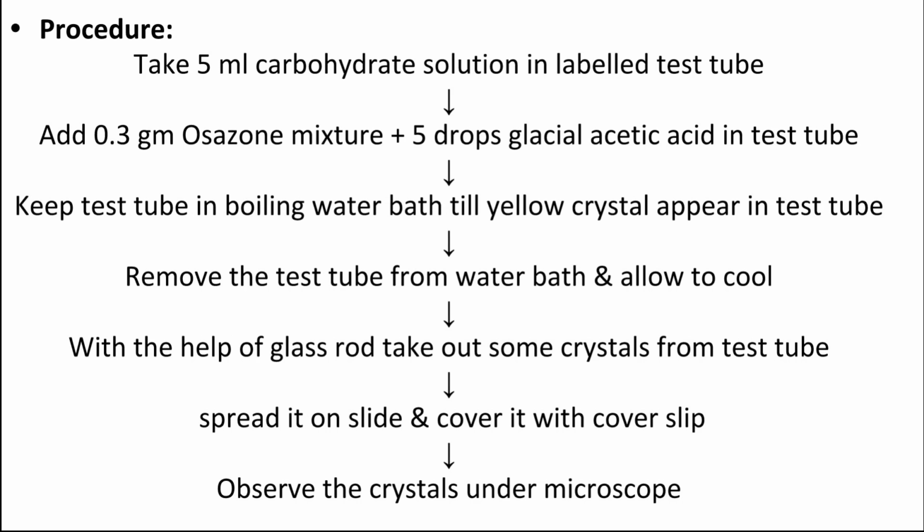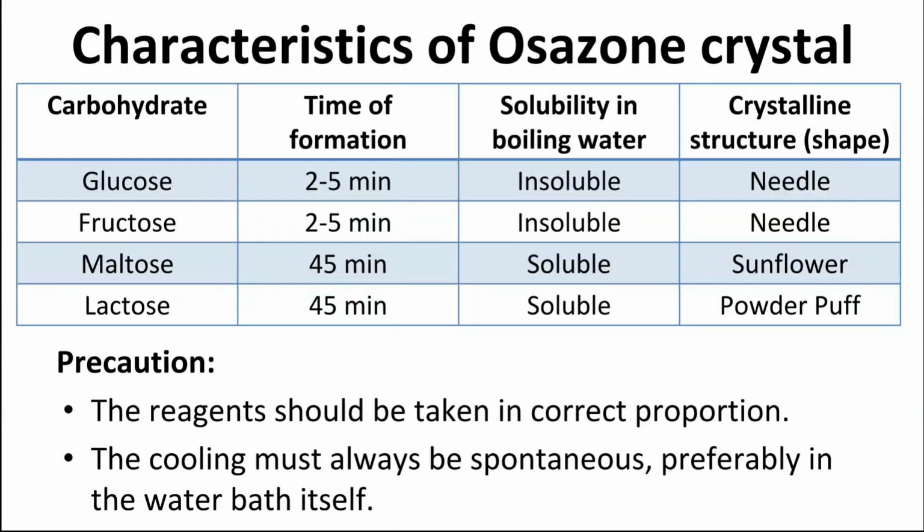As you can see in the table, glucose has a crystal formation time of 2 to 5 minutes and gives needle shaped crystals. Fructose will also give needle shaped structures. But maltose takes almost 45 minutes to create crystals and its crystals are sunflower shaped.